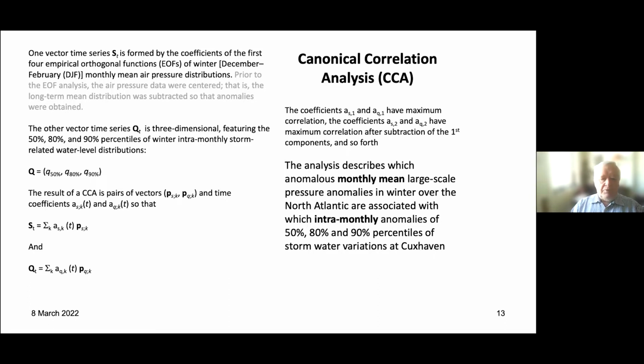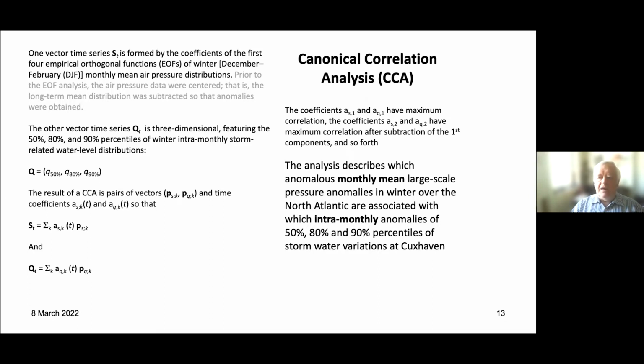And so then we expand both S, that is the air pressure fields, and Q, that are the 3 percentiles of water levels in Cuxhaven, into a series, as a sum of a coefficient and a pattern. And canonical correlation analysis determines patterns so that the coefficients have maximum correlation. A S1 and A Q1 have maximum correlation.